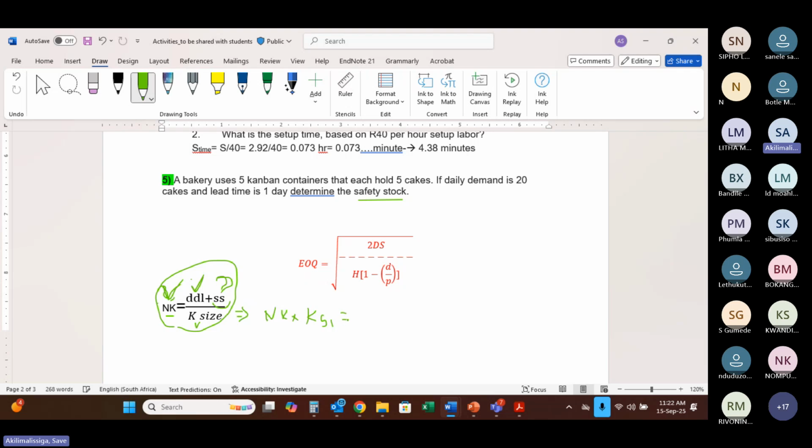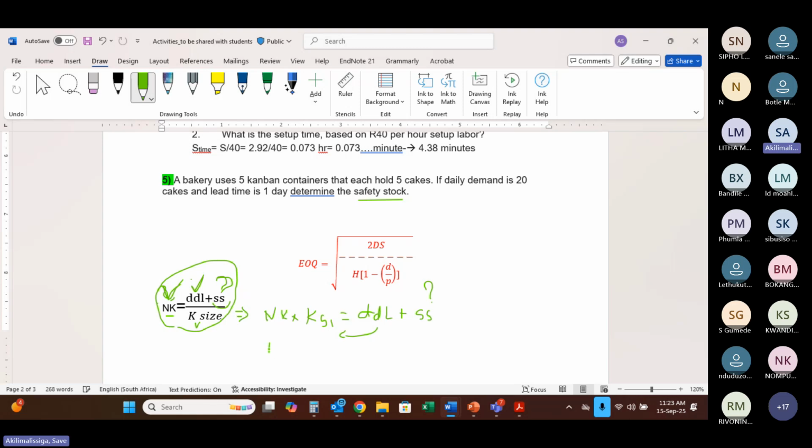On this side now, what I will have is demand during lead time plus safety stock. Okay, cool. Obviously, this is what you are looking for. You cannot stay calculating it, so you just need to pull it completely. Now I'm going to take this side.